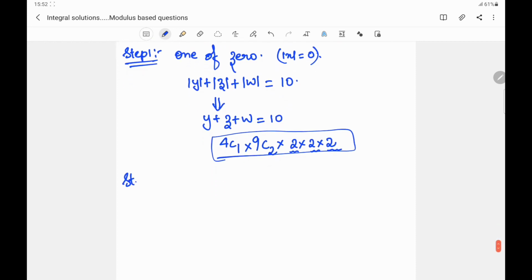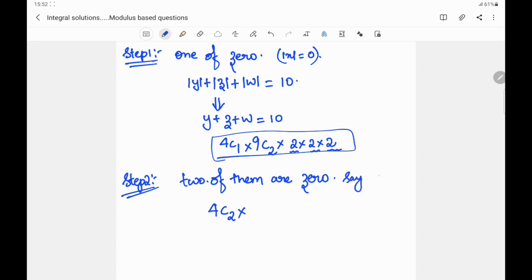Next, step 2, 2 of them are 0. So out of 4 I need to select 2. Say modulus of x equals 0 and modulus of y equals 0.